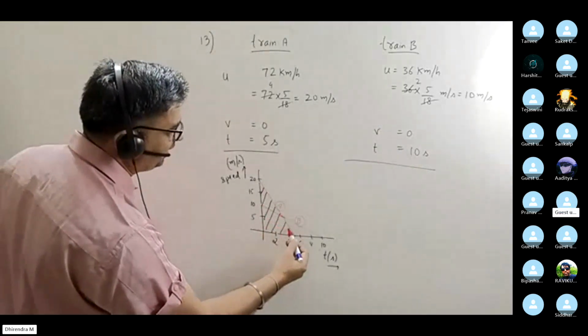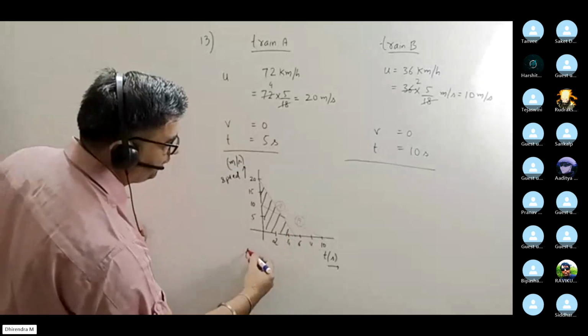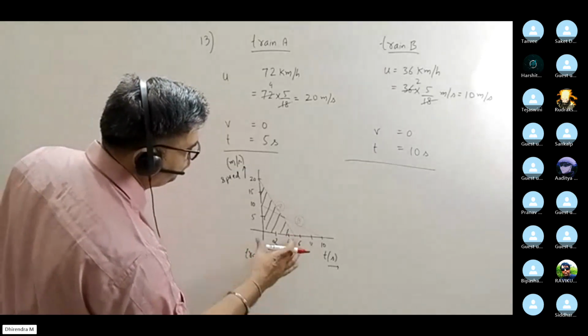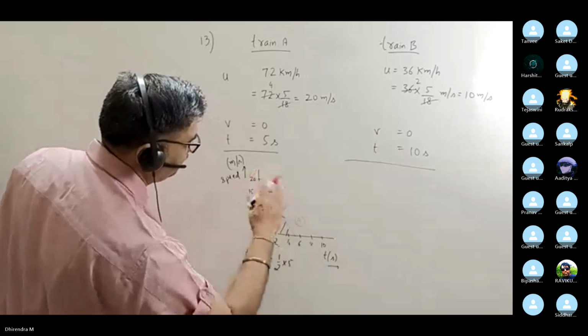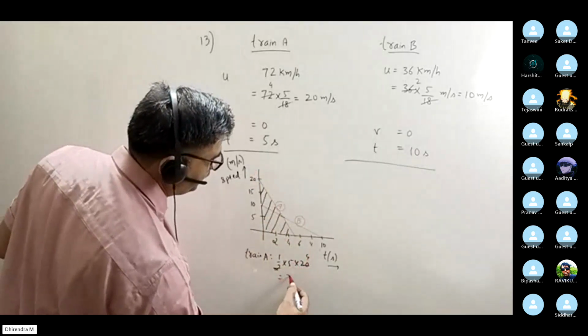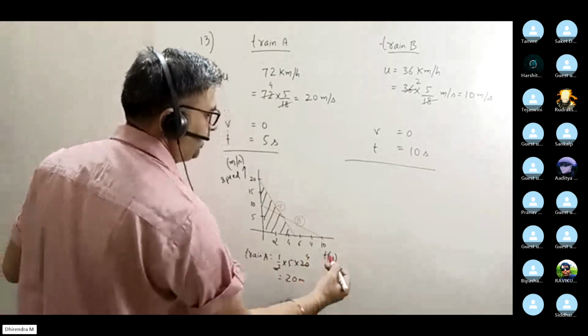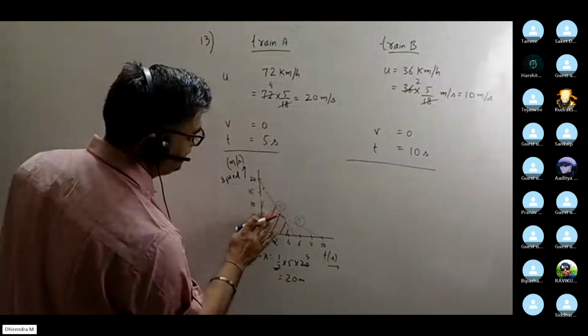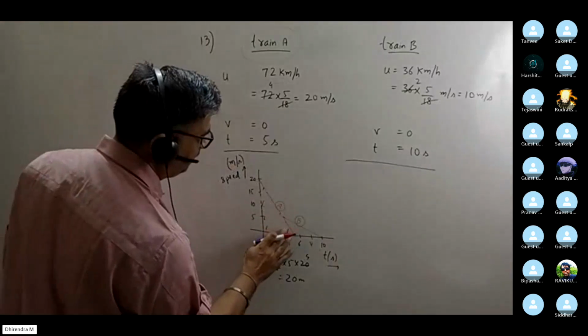So in the first case, for train A, this is the area that we are interested in. It will be half into base, 5, into 20. Making sense? So it is 50 meters. And for train B, what is the area?